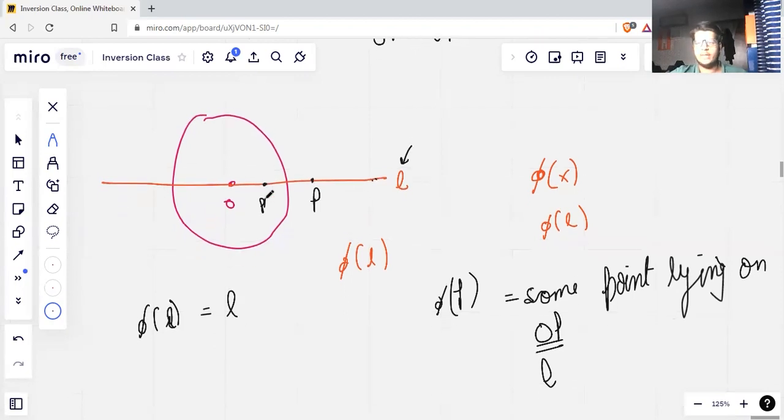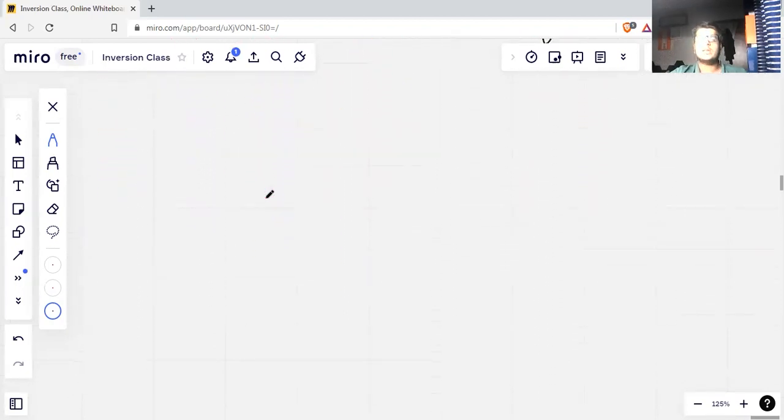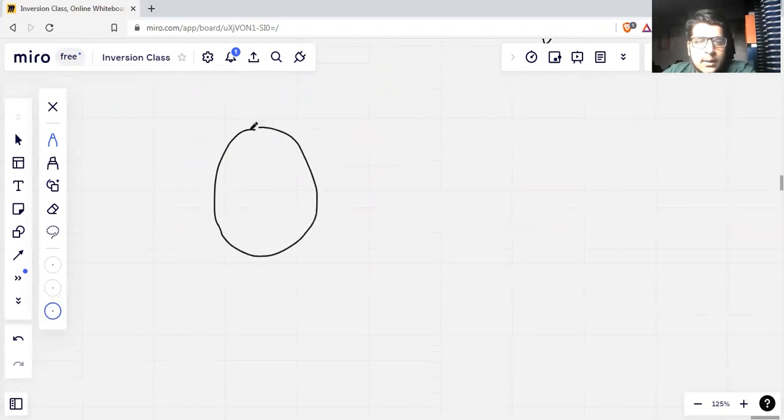How does a line work? Let's consider a line not passing through the center. Suppose this is L here.